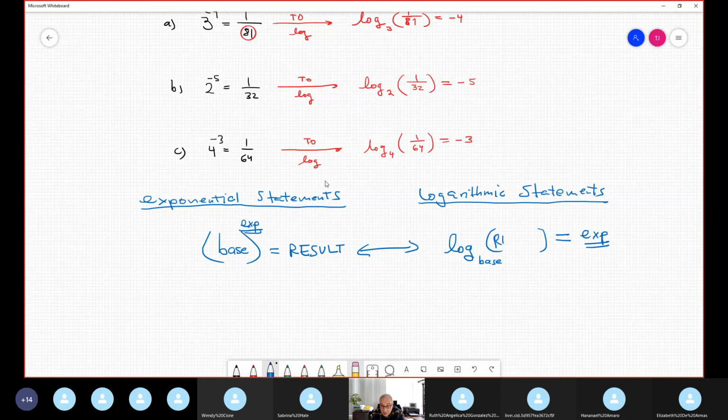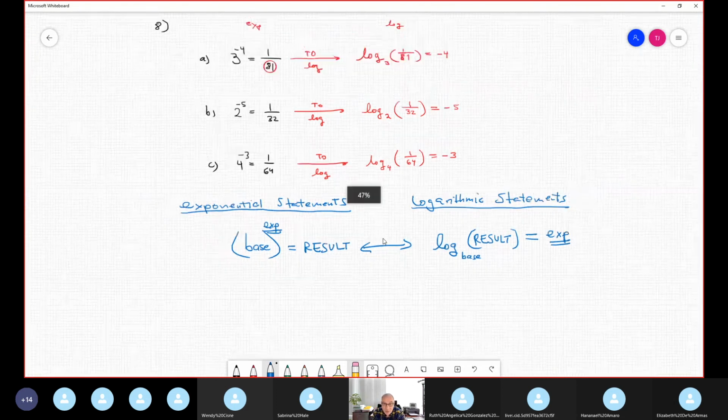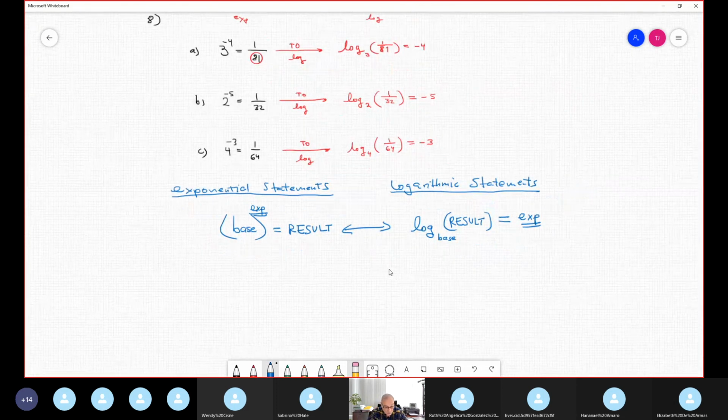And the number inside the parentheses is the result of the exponential statement, sorry. Okay? And this is the formula. And this is the formula that, using common sense, for example, identification: base, exponent, result, okay?